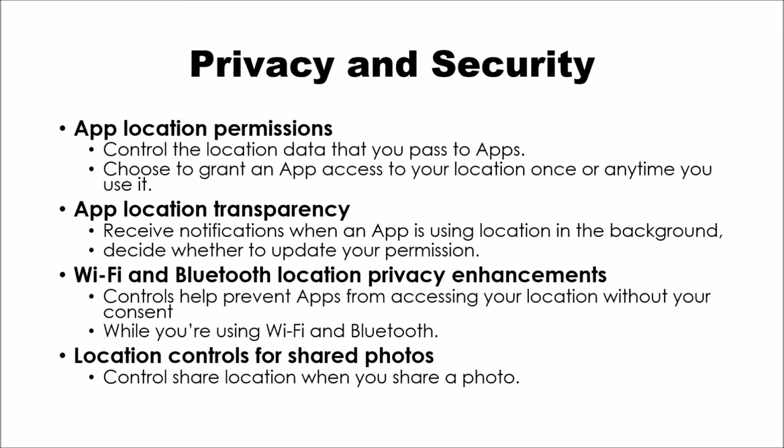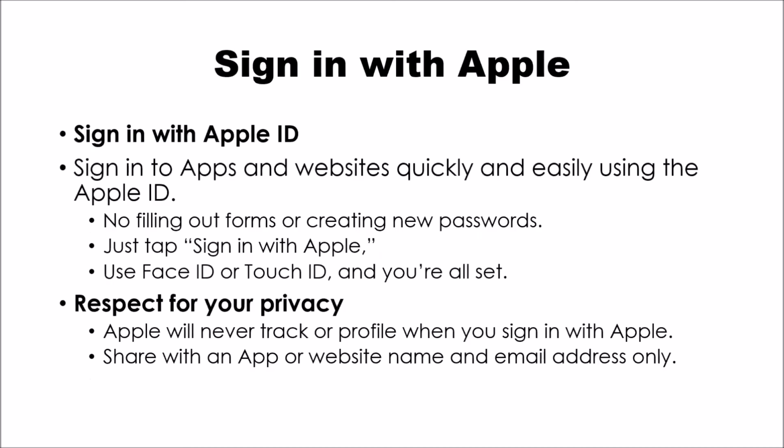The same thing with Wi-Fi and Bluetooth, because Wi-Fi and Bluetooth do give away your location. So again, you can control what apps access Wi-Fi and Bluetooth on your device. And also, when you share a photo, you get to control that now using the app location or the location app.